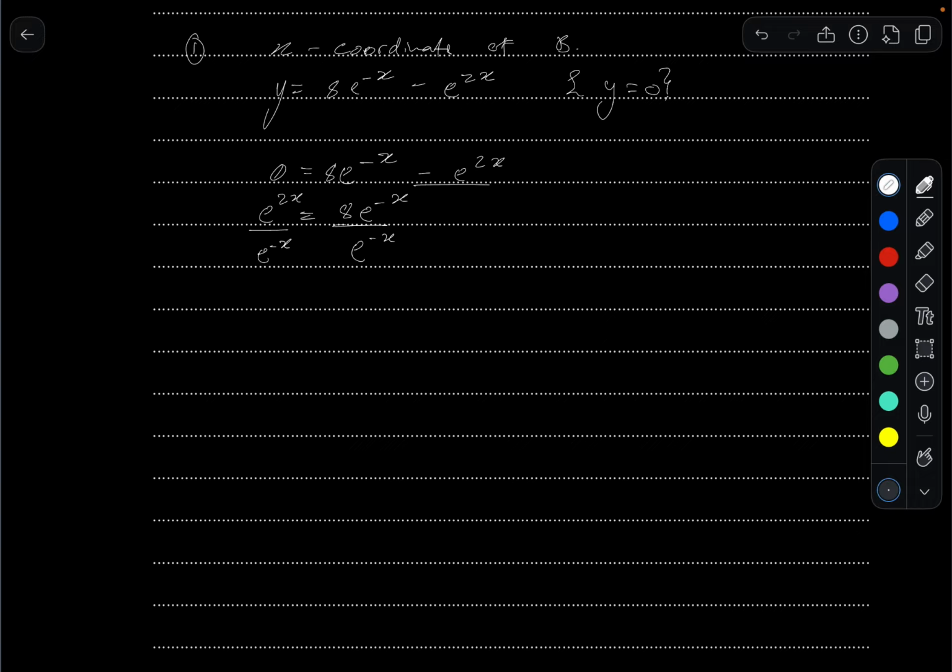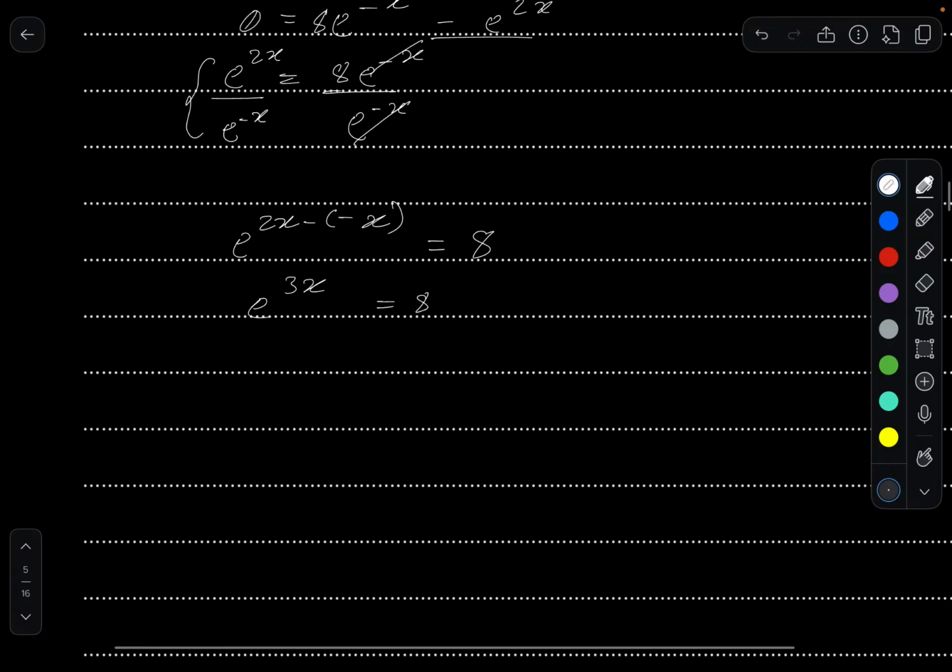Now you're going to have here, I want to explain this part because it's a little bit confusing. You're going to have e to the power of, just focus on the exponent, 2x minus negative x. Obviously this one cancels that one, you have 8. So then you're going to have e to the power of 3x equals 8.